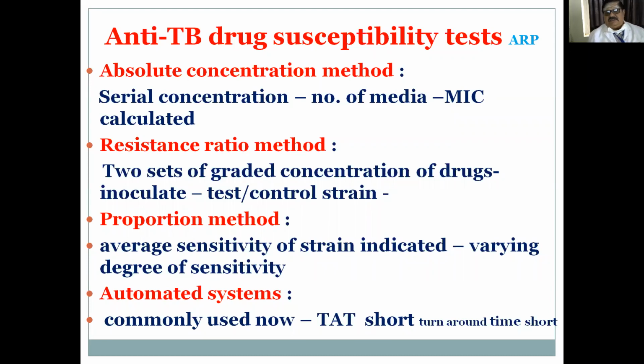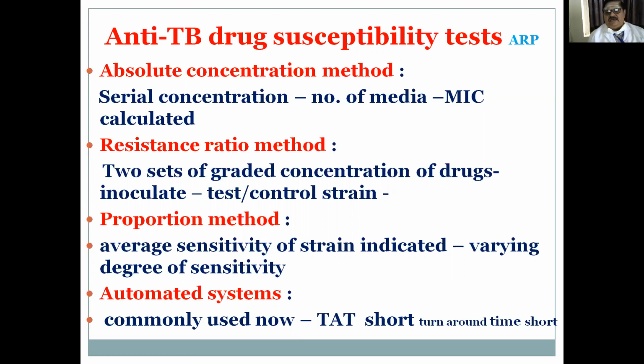One is absolute concentration method, serial concentration, number of media, the minimum inhibitory concentration is calculated. So that is absolute concentration method. So for this particular drug, this is the killing strength. That's how you decide.